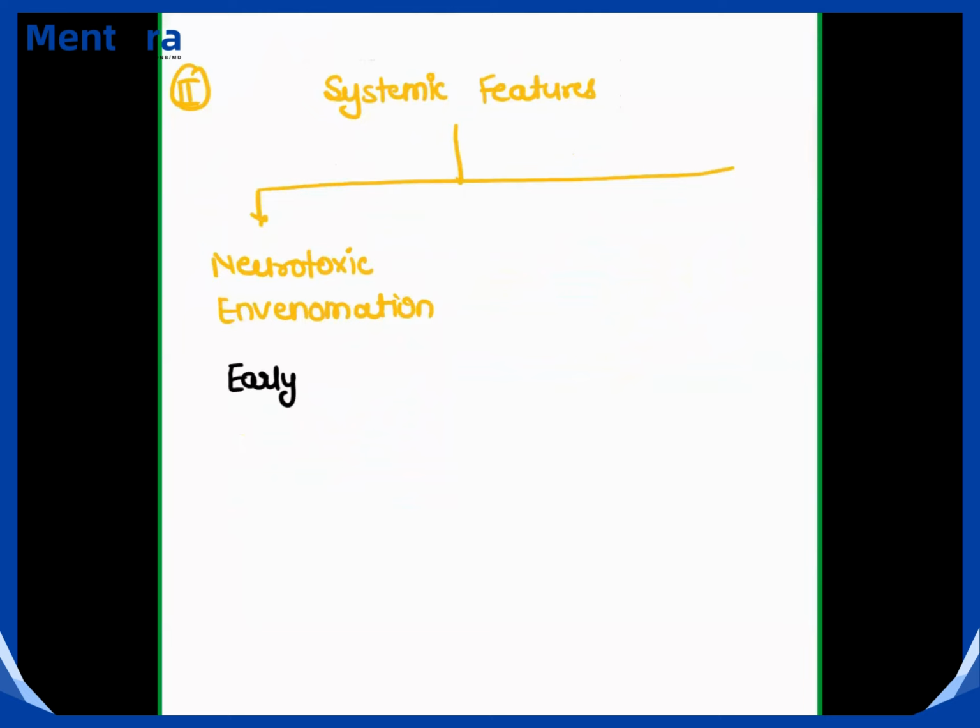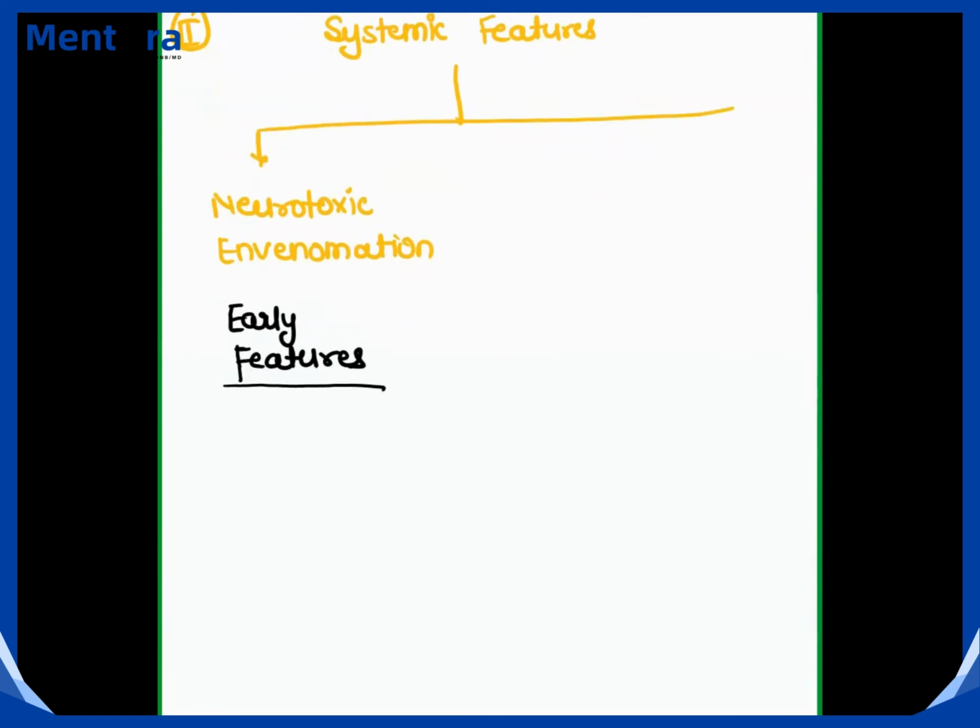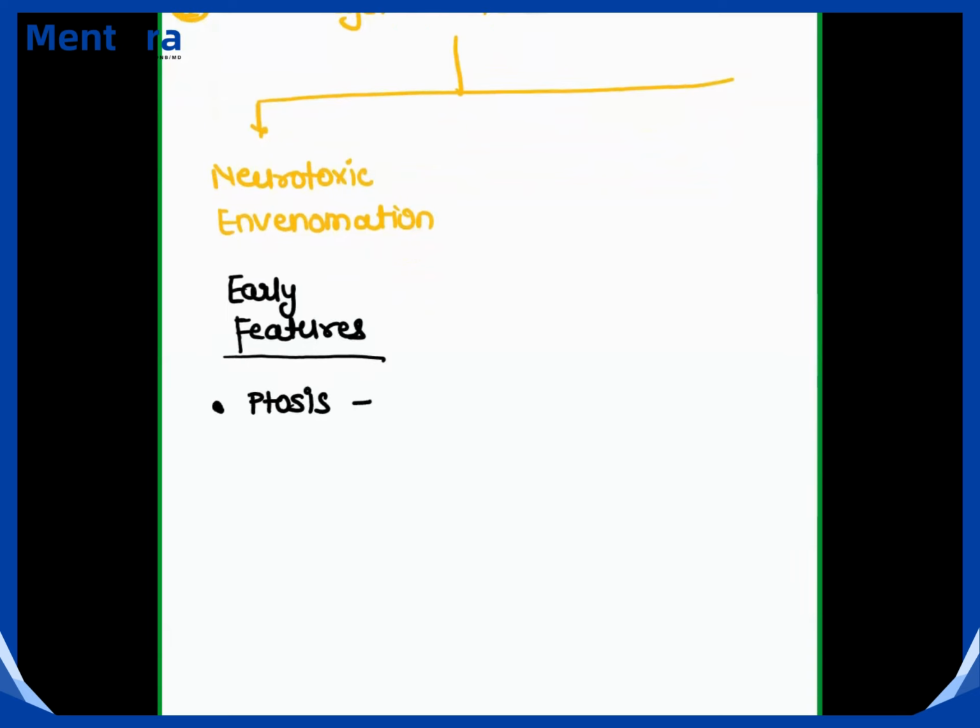Early features: ptosis, which is drooping of eyelid, and it is the first sign.